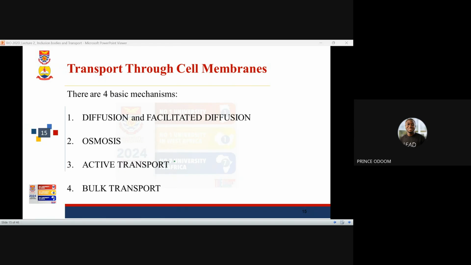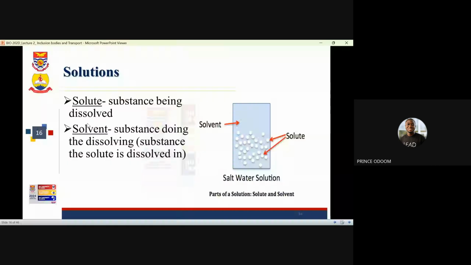Lower concentration. And there's one thing we tend to forget. When the movement takes place, the movement always ends when there's what? Even distribution of the molecules. So until the molecules are evenly what? Distributed.